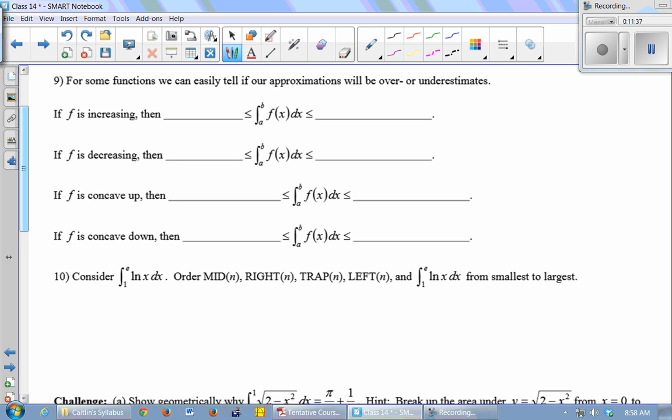So for some functions, you can easily tell if your approximations will be an overestimate or an underestimate. So let's think about what do we know if the function is increasing, okay? Saying nothing about its concavity, but just always increasing, so it might look like that, right? The exact value will always be between what and what?